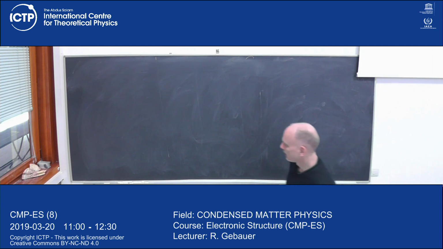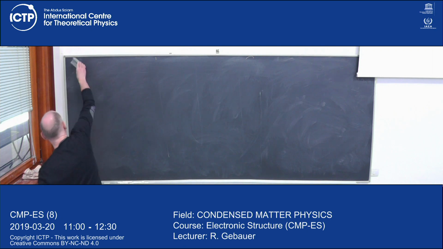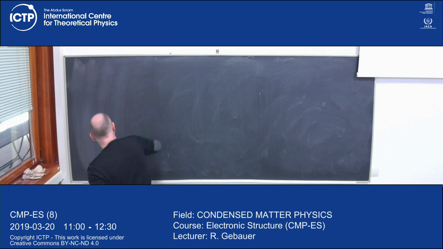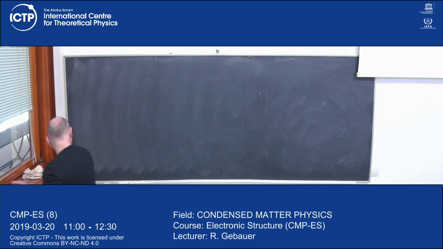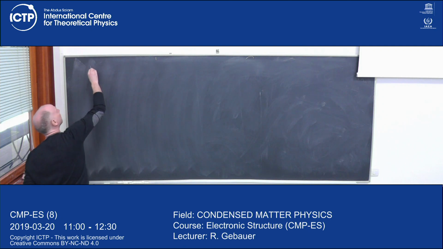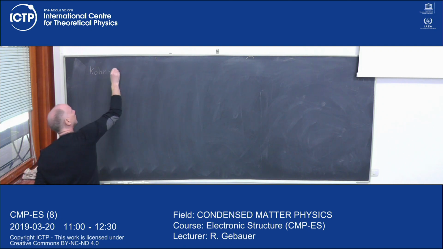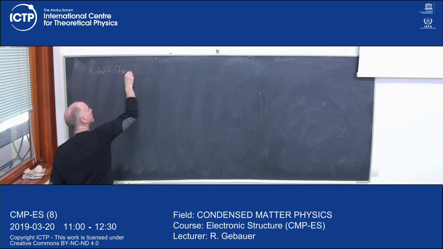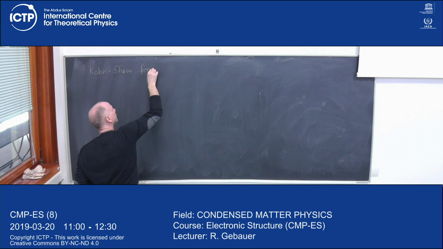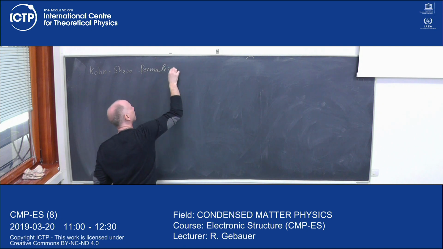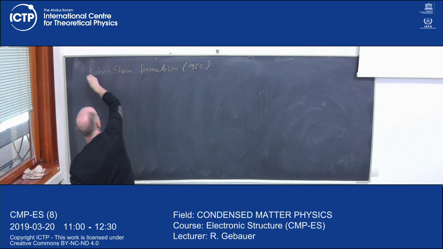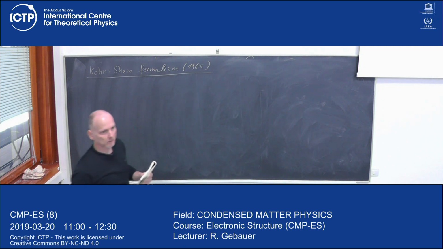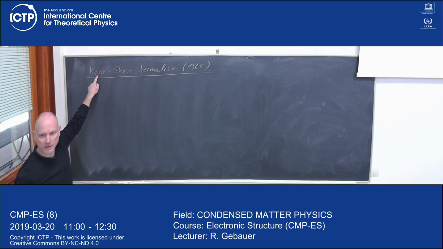So within density functional theory, what we do today is the so-called Kohn-Sham approach, the Kohn-Sham formalism, which comes from a paper published in 1965. Okay, so the Kohn is the same Kohn of the Hohenberg-Kohn theorem, which we proved two days ago.